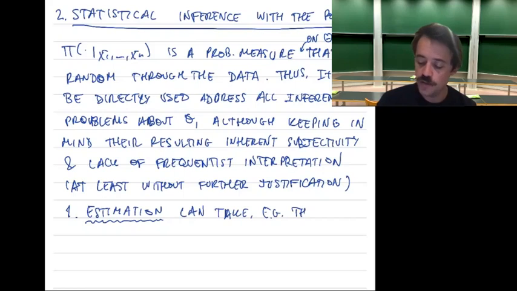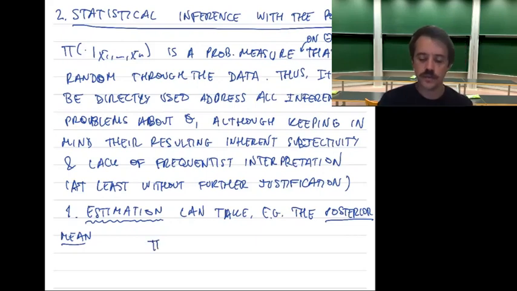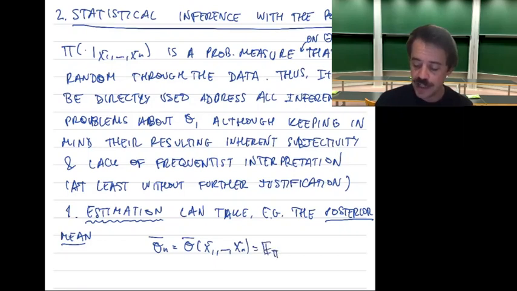So in estimation, we can take as a point estimator, for instance, the posterior mean, which is usually denoted theta n hat, as a function of the data, and this is the expectation under the posterior of theta, so theta following that distribution, right?